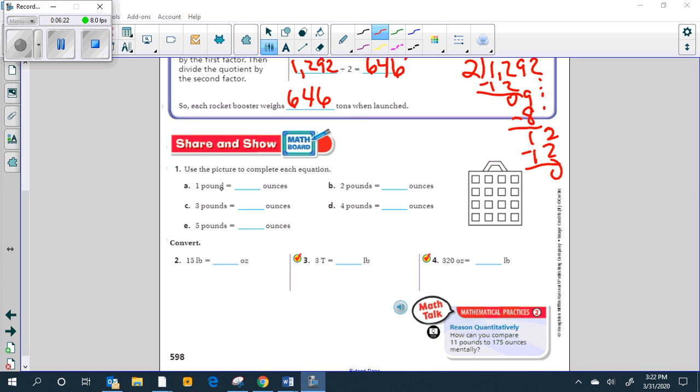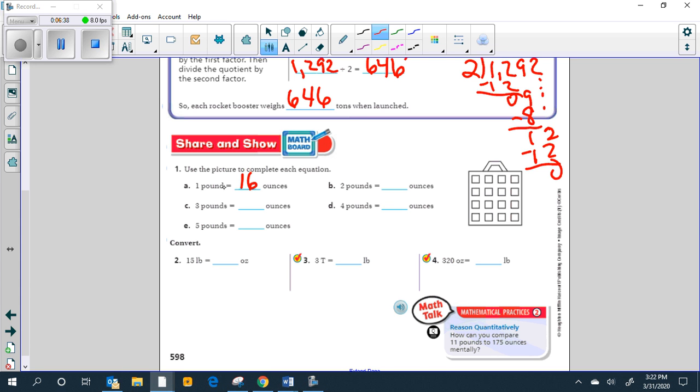1 pound equals 16 ounces. I'm going from a larger unit to a smaller unit. When I go from larger to smaller, I multiply.